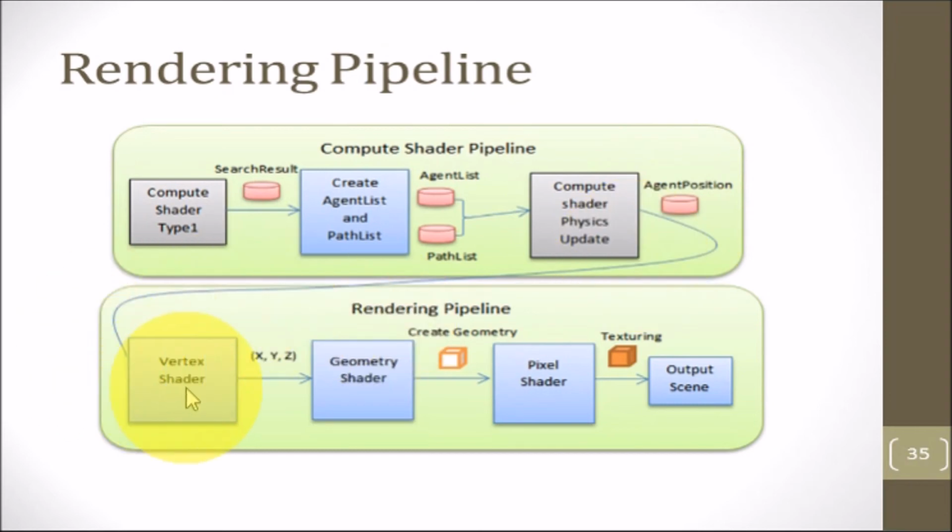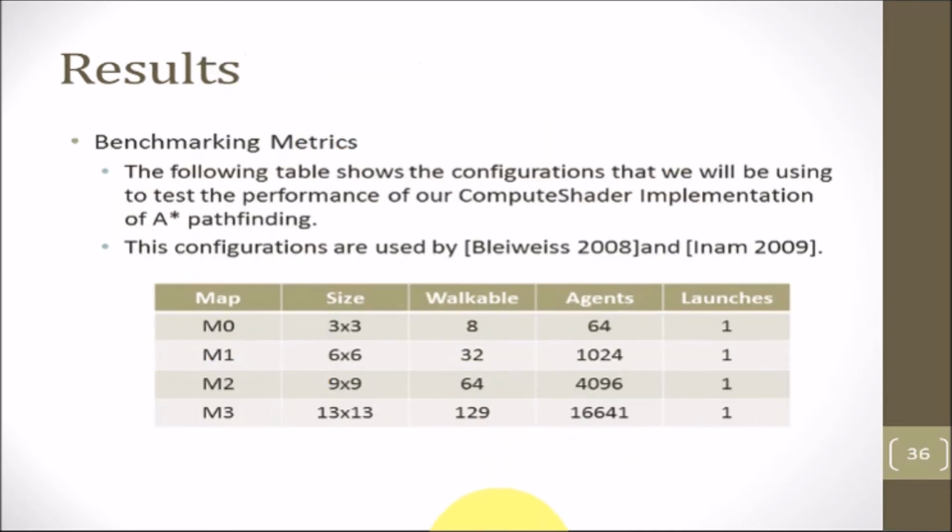Now this buffer will get fed to a vertex shader, then the geometry shader will expand the geometry to give a shape to the agent, and then finally the pixel shader will give texturing, and the agent will be drawn into the output scene. Now this will be done in parallel for all the agents in the list.